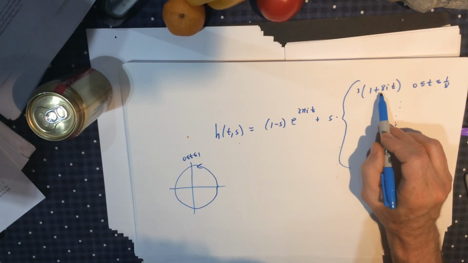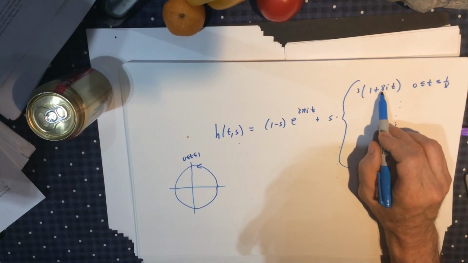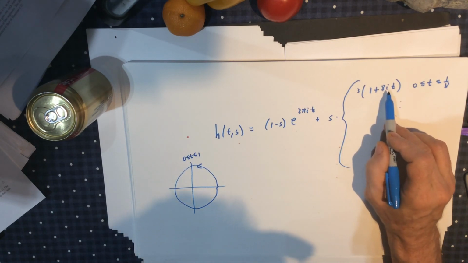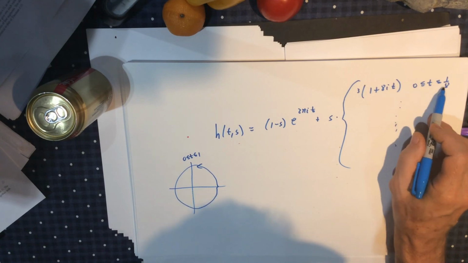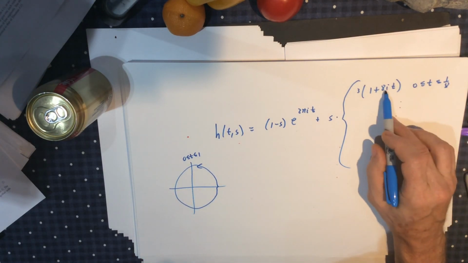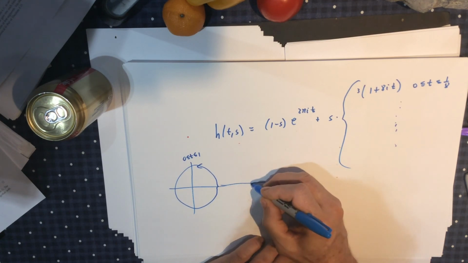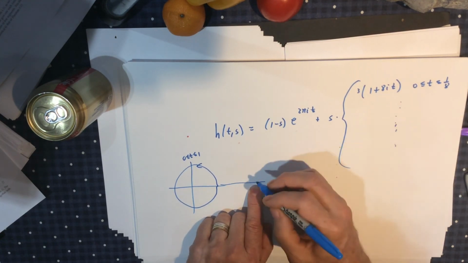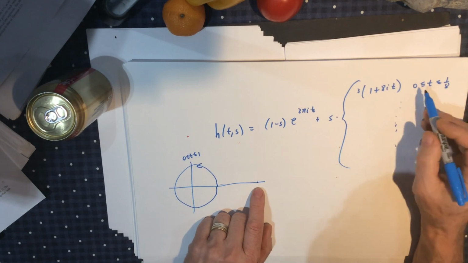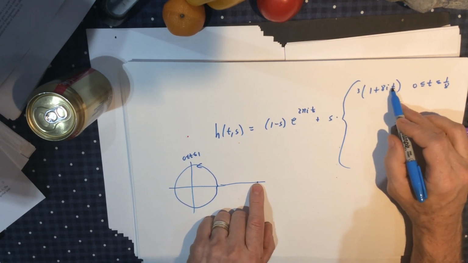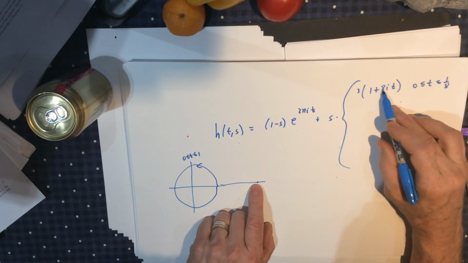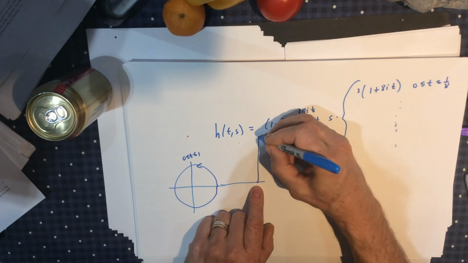3 plus 24ti, but it only varies from 0 to 1/8, which means that when it gets in there, it goes from 3 to 3i. Oh, so this piece, when you plug in 0, starts at 3. By the time you get to 1/8, you get up to 3i.